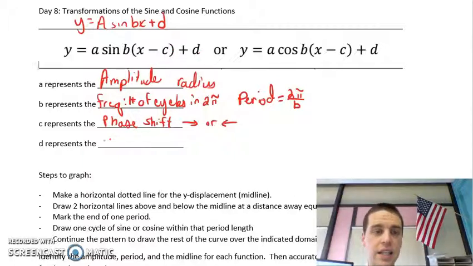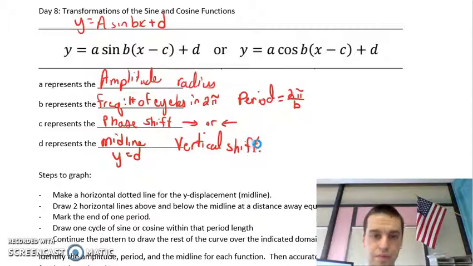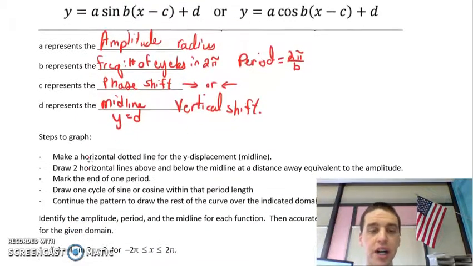And D is the midline, y equals D. Also, we can call it the vertical shift. So, for any function given, that is A, B, C, and D. That's important for how to graph these.